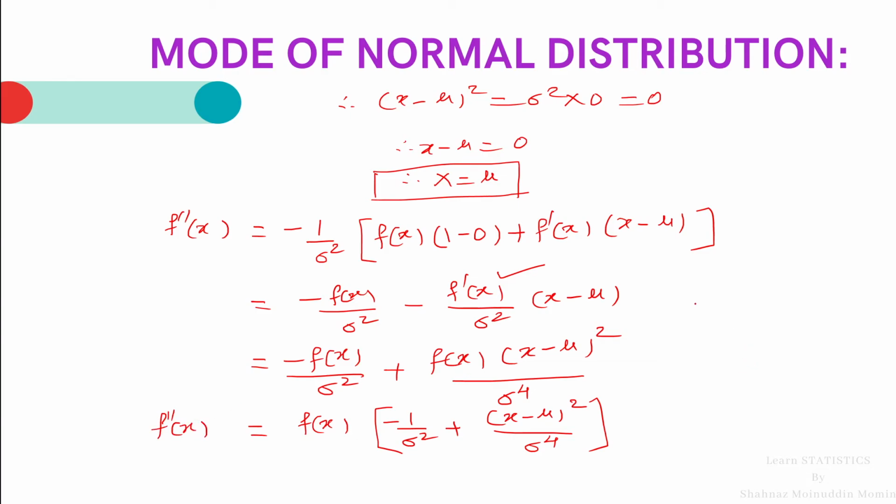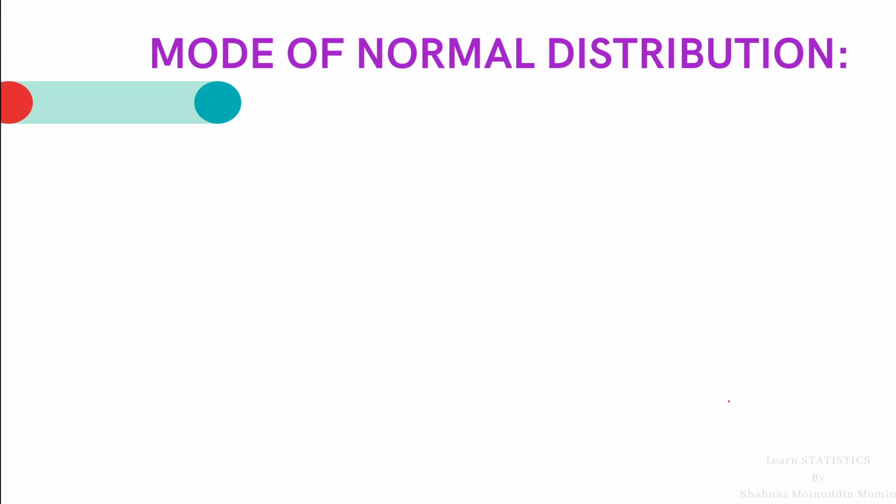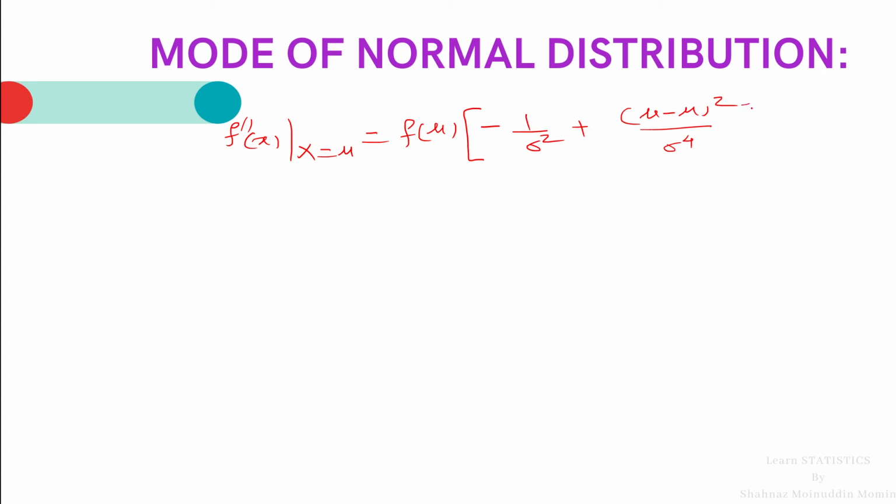Let me call it as 3 for our further references. Now we will substitute the value of x equal to mu in the equation number 3. Hence f double dash x at x equal to mu is equal to f of mu into bracket minus 1 upon sigma square plus (mu minus mu) whole square divided by sigma raised to 4, which is equal to f of mu into minus 1 by sigma square plus 0.